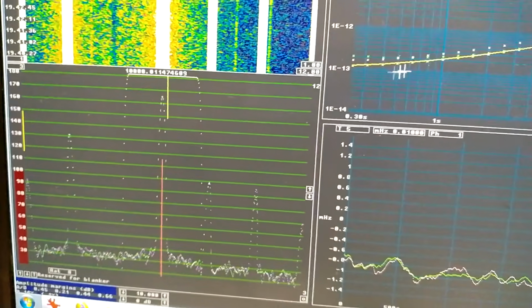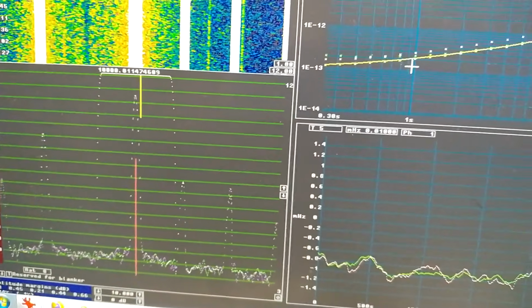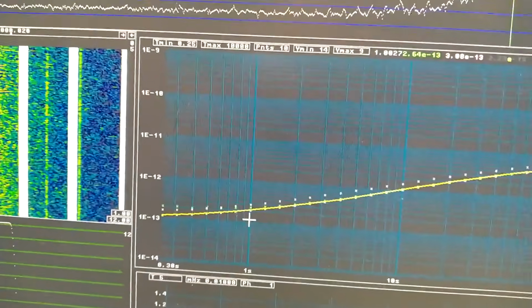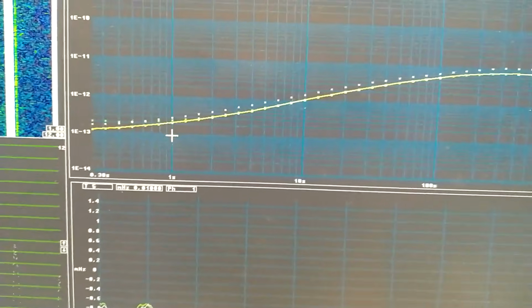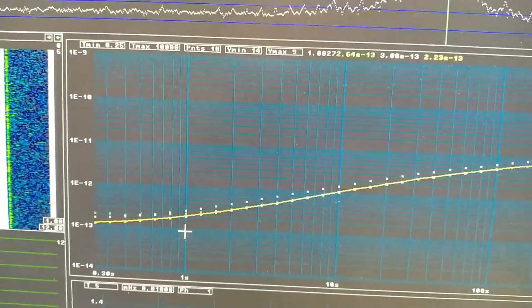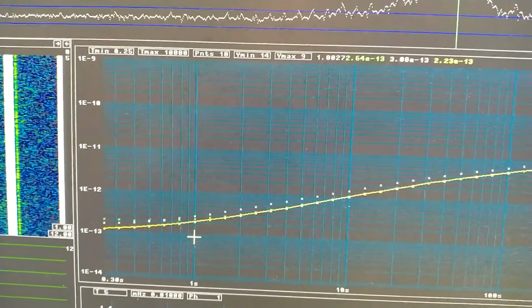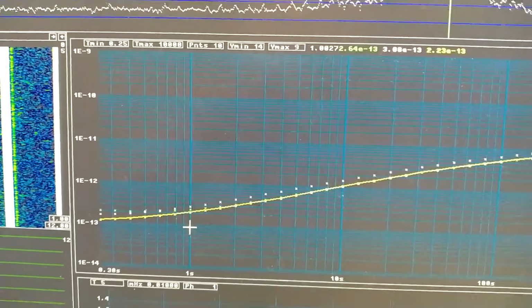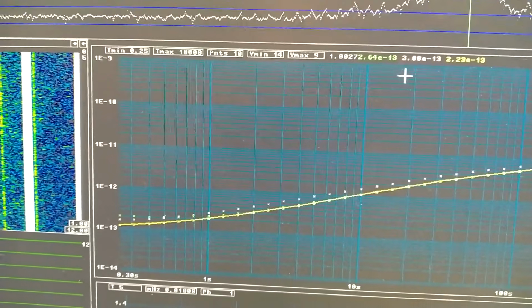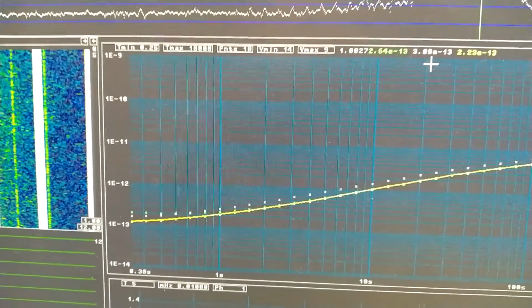The Allan deviation at 1 second is 2.2 times 10 to minus 13. That is the correlated component, while the two channels are 2.6 and 3.0 respectively.